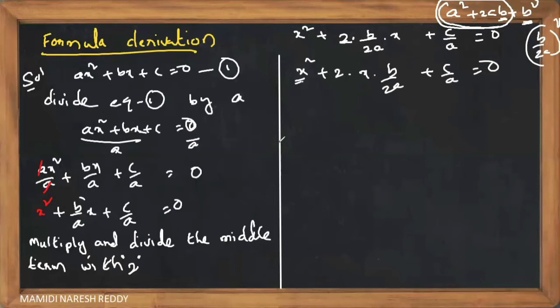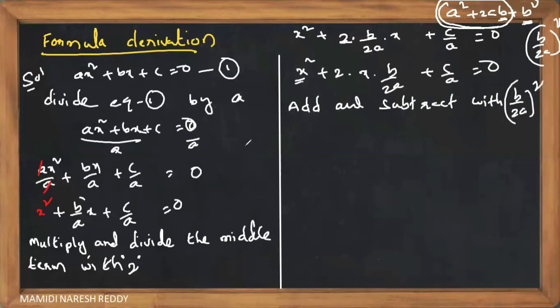So, children, see, add and subtract b by 2a whole square. Every step, we need to compare with a square plus 2ab plus b square. That's it. Your destination is a square plus 2ab plus b square. Got it, children?